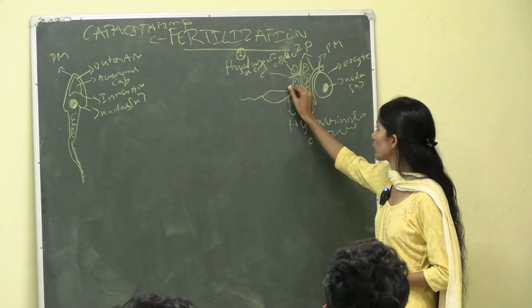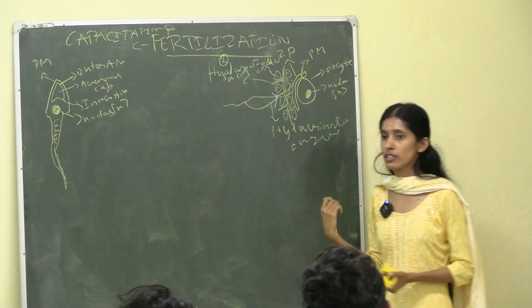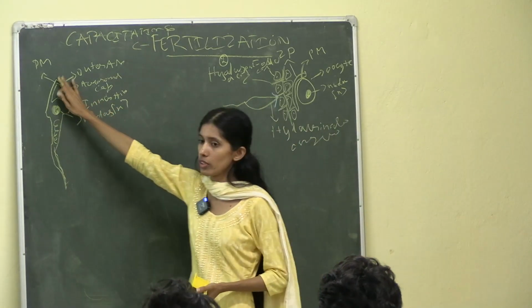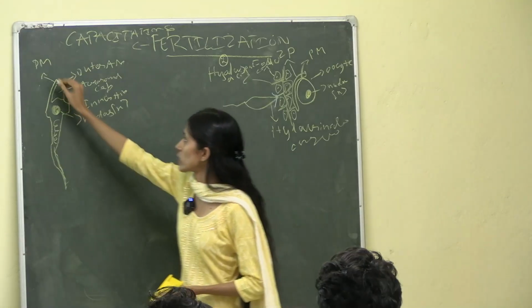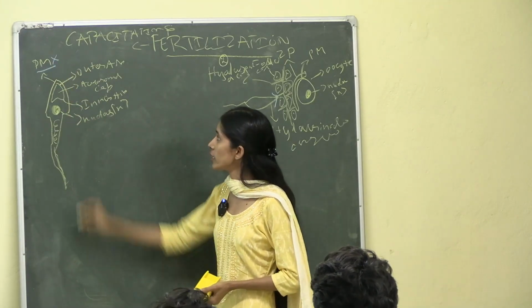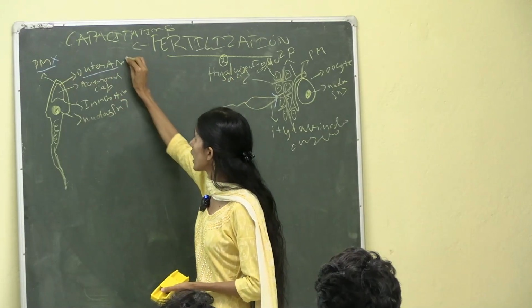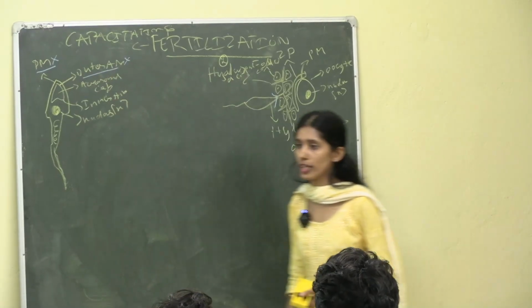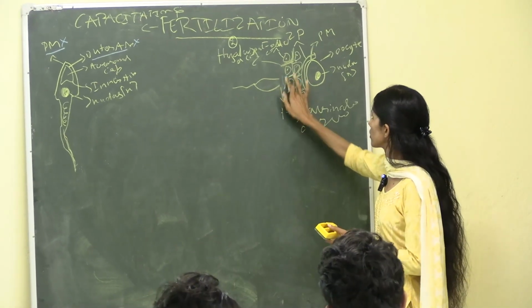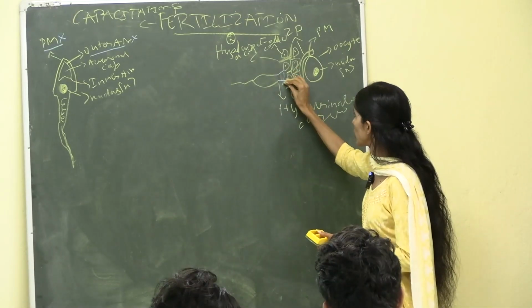If it should release the hyaluronidase enzyme, what structures should be removed? First, the plasma membrane should rupture and open. Then a part of the outer acrosomal membrane should also open. So in this region there will be a small opening.